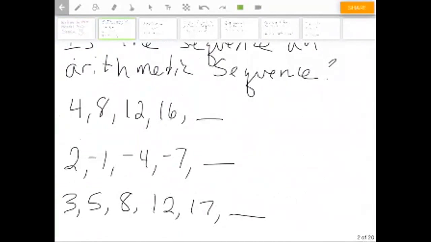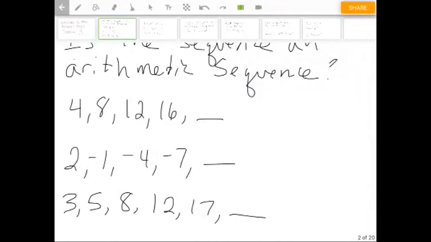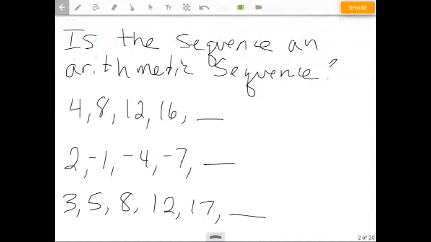So to get started, we're going to review what is an arithmetic sequence. In order to figure out if something is an arithmetic sequence, you're going to look at the difference between terms. For example, in here we have the sequence 4, 8, 12, 16. We want to know, is this an arithmetic sequence? So in order to do that, we're going to look at the difference between the terms.